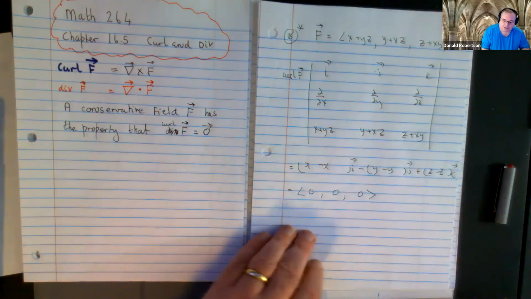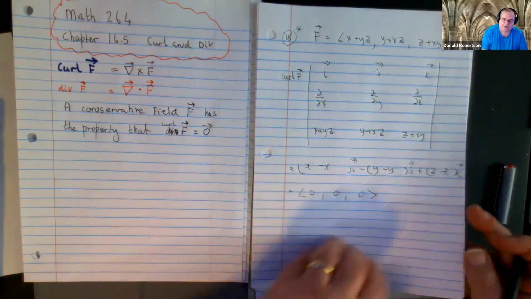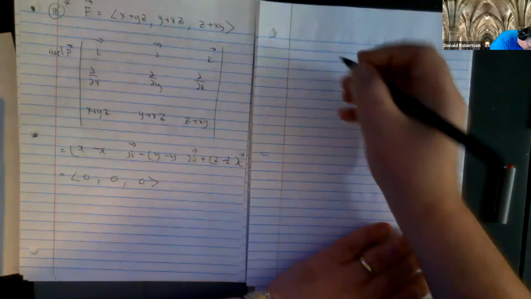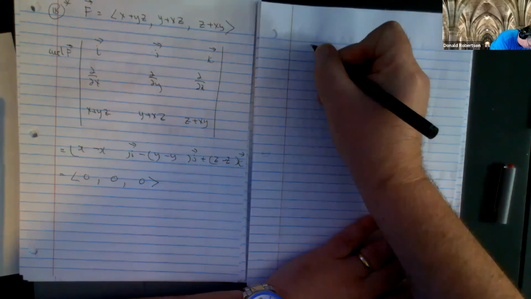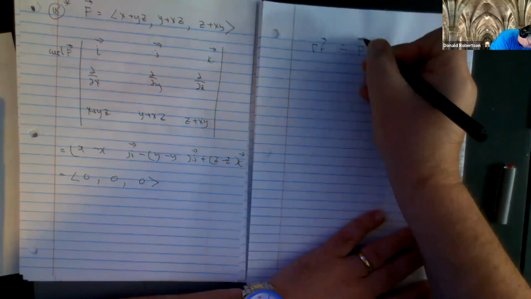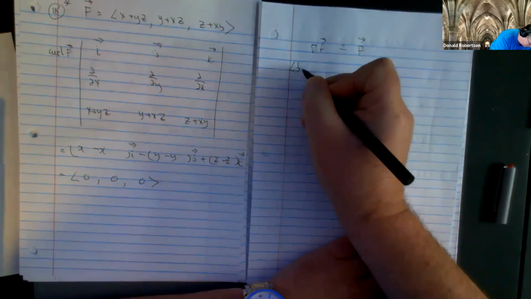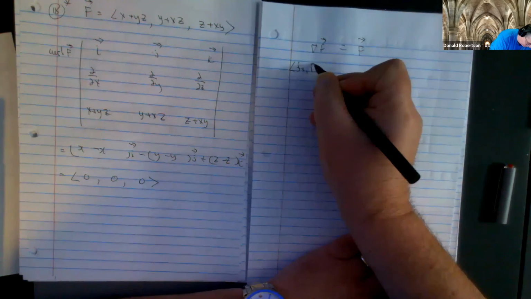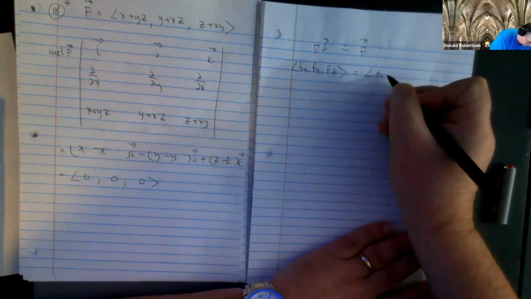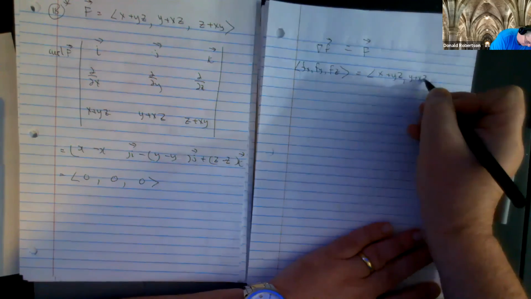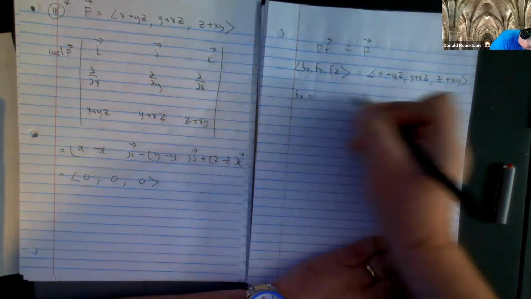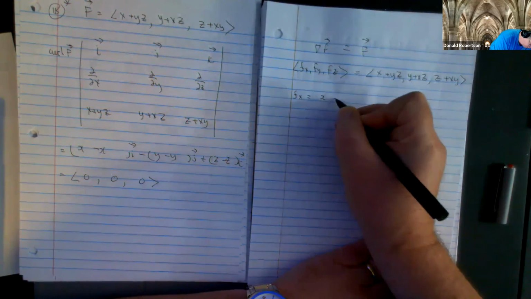Cool. So although they didn't ask this, let's find the potential function, because I think it won't take too long. So I know that this guy is going to equal F. The partial derivative with respect to x is x plus yz.